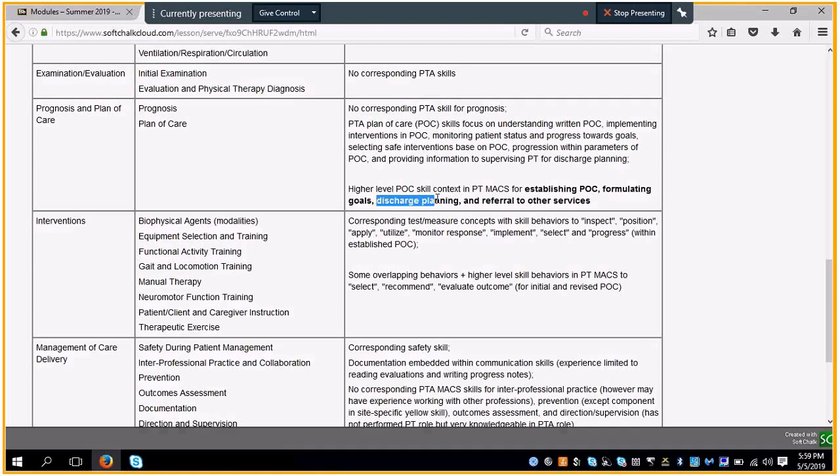Discharge planning is another component that is considered in the history and systems review, that's going to be part of it, but the discharge planning decision making actually happens in the prognosis and plan of care component of the PT Max. And so again, there are multiple courses where you'll practice that for different patient populations.